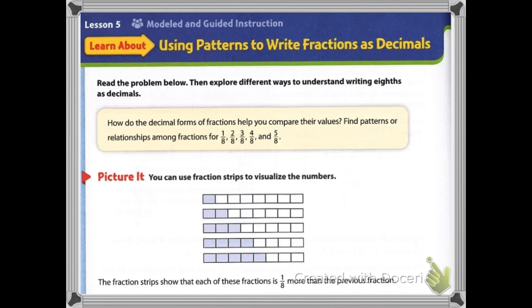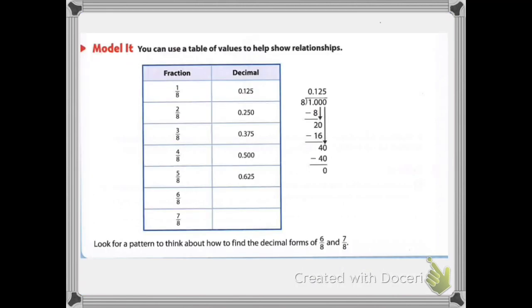You can use fraction strips to visualize the numbers. The fraction strips show each of these fractions is 1/8 more than the previous fraction. You can also use a table of values to help show the relationships. Look for a pattern and think about the decimal forms of 6/8 and 7/8. If you look at the pattern, they show you the division, and then they also show you the pattern that follows.